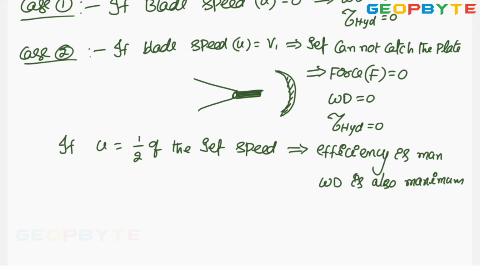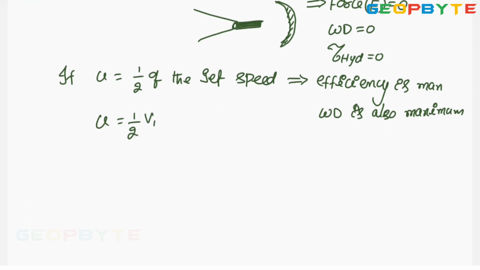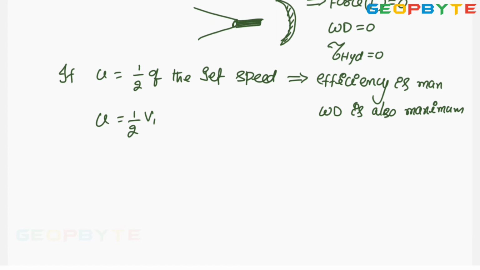That means for getting the maximum work output and maximum efficiency, the blade must be running with half of the jet speed v1. Then only you can get the maximum efficiency.